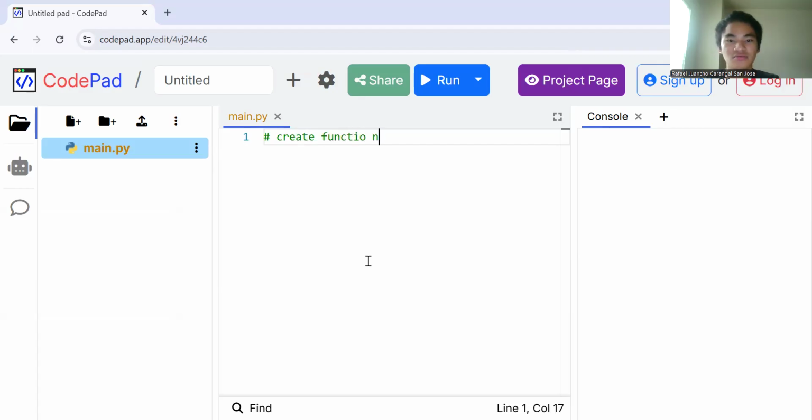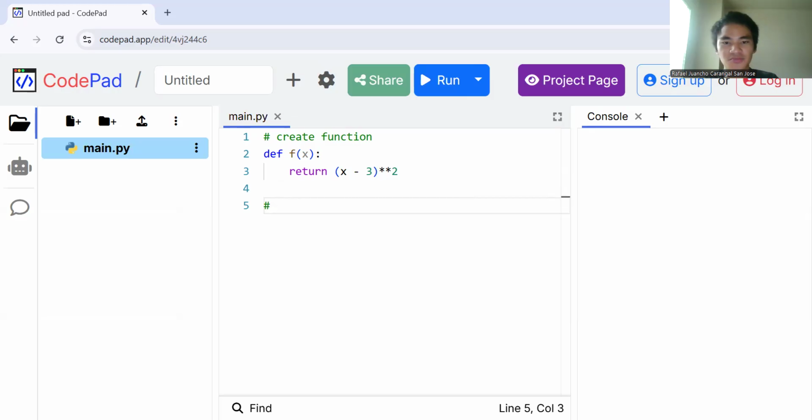Yeah, I'm going to create that function. I'm going to define that function, and it has some input x, and then here I'm just going to return that quadratic, right? And I think this was to the 2. Okay. And then the next thing I'm going to do is I'm going to also define its derivative.